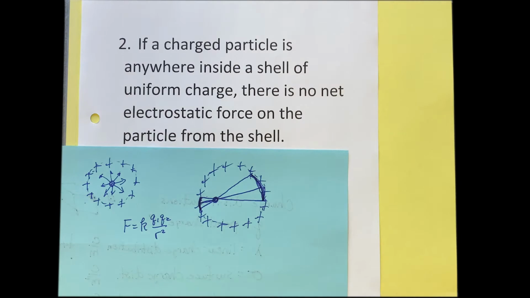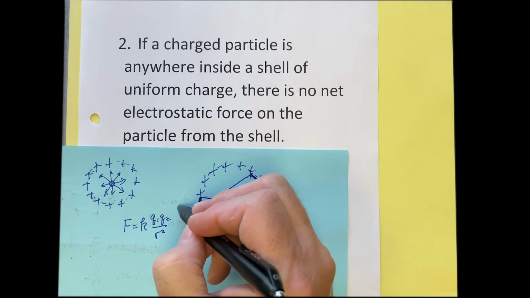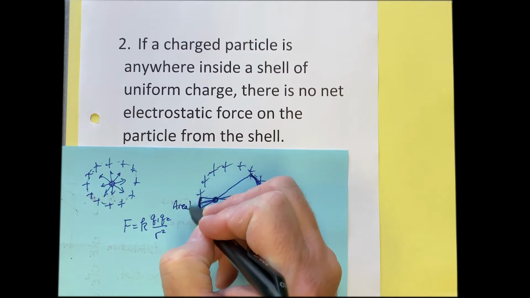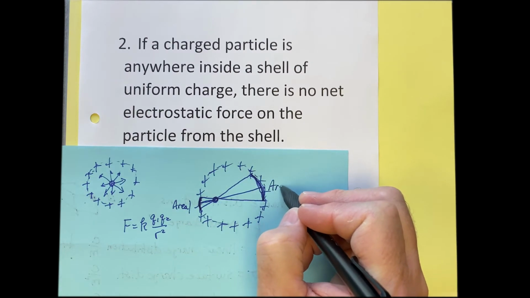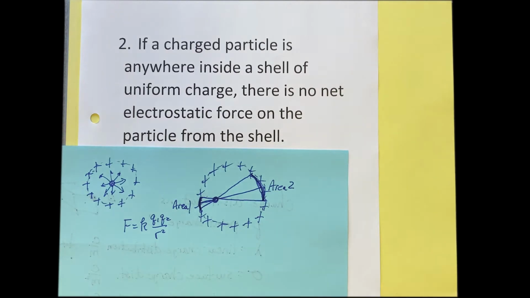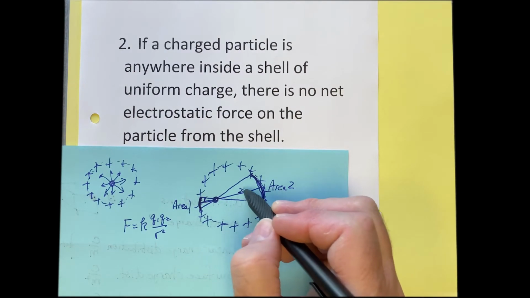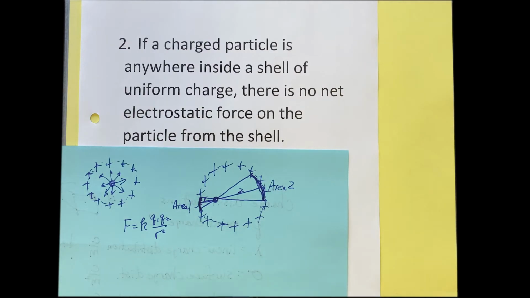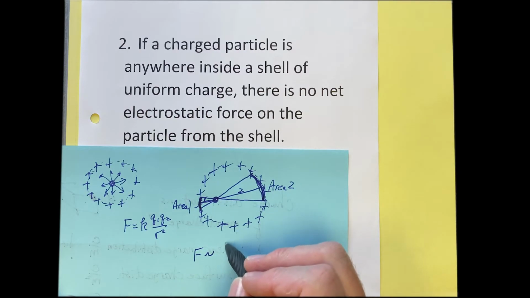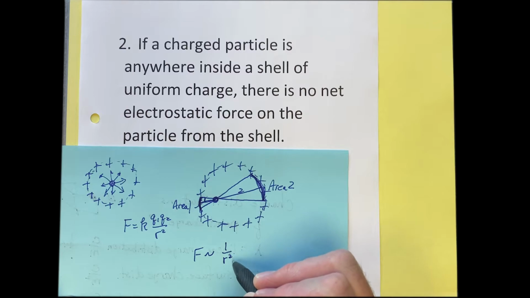So you've got distances and you've got areas. So you could say, okay, this would be my area. Let me just call it area 1, area 2, like that. But then you've also got length 1 and length 2 here. And those two things work together. So the force is going to be related to, well, first of all, 1 over the distance squared.